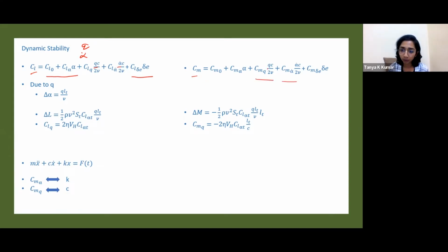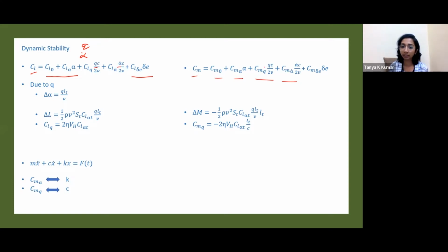Now this Qc by 2V is just done so that you non-dimensionalize the entire equation. Every other term is non-dimensional. Alpha and delta E are in radians and they are non-dimensional quantities. Only Q and alpha dot had a per second, so it was not non-dimensional, it was radian per second. Now it's multiplied by c and divided by 2V to remove this dimensional term.